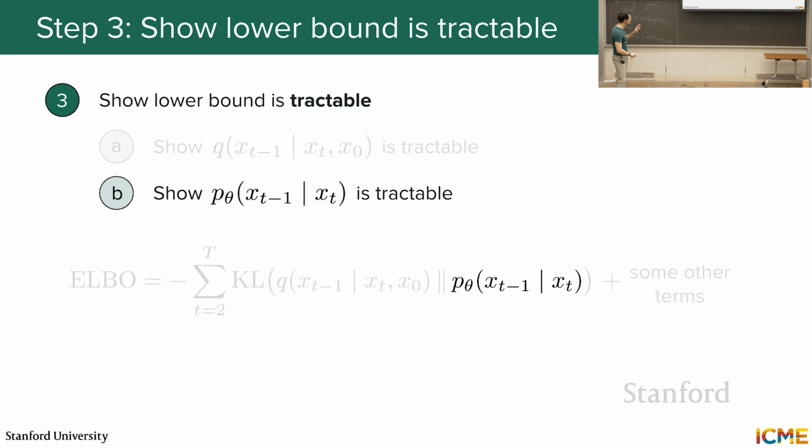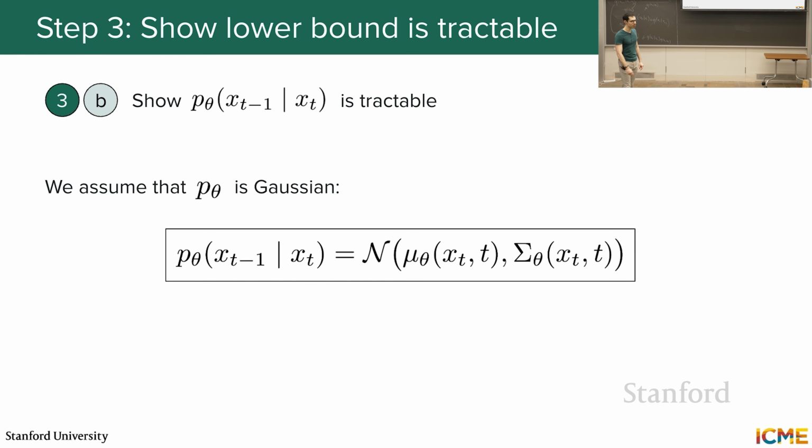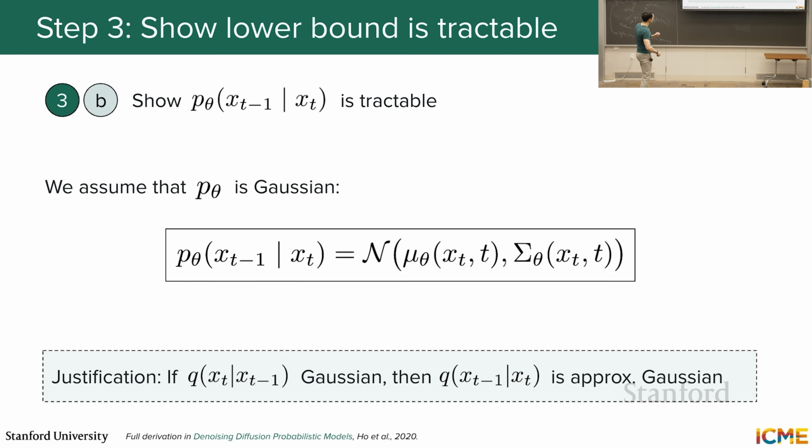So, okay, we know one term. The second term is this p_theta of x_{t-1} given x_t. Now let's show that it is tractable. That one is going to be easy because we can choose what p_theta is. It turns out that it's very fair for us to assume that it is also a Gaussian, just because the forward process of x_{t-1} given x_t is also approximately a Gaussian.